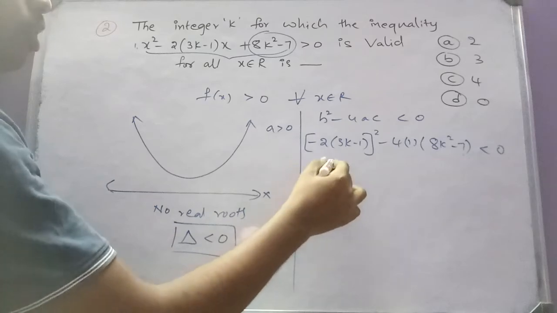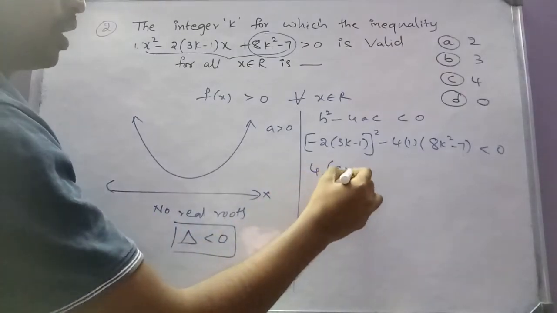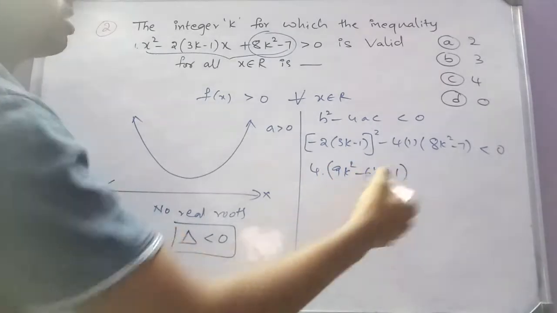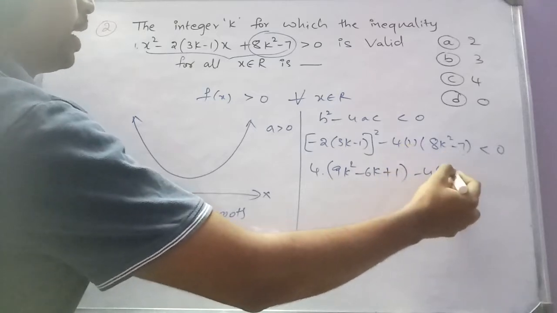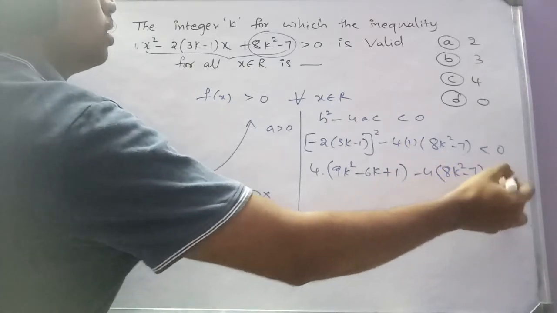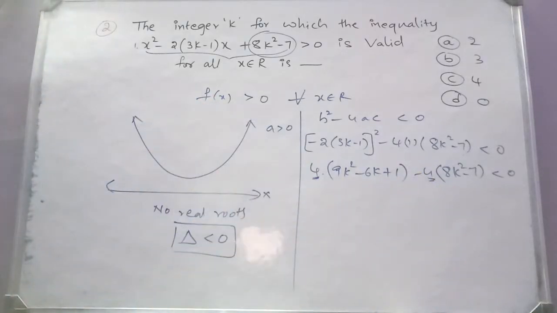Minus 2 square is 4 into 3k minus 1 whole square. Use the a minus b whole square expansion, a square minus 2ab plus b square, and then minus 4 into, I am not expanding it, I am writing as it is. Because I can take 4 common, I can transpose it to the right side, or else you can divide with 4 on both sides, either way.